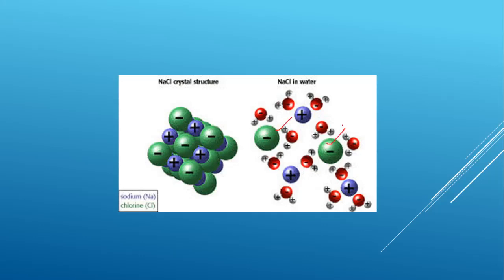That means they have separated from each other, and they have spread themselves uniformly throughout the whole solution. The solution is nothing but the water we had taken. Individually, they have been surrounded by the water molecules. We can see it over here. So this physical process of formation of ions is called dissociation, and it's a dissociation reaction, a type of chemical reaction.